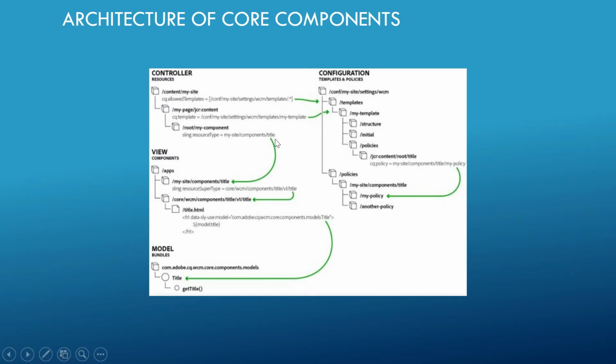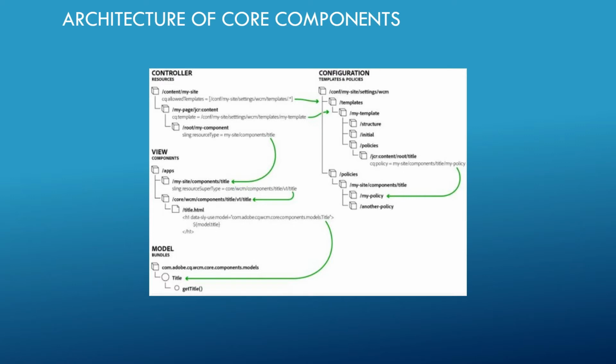Now, in turn, if you see the view, this title component is referred to by our custom component, apps/my-site/components/title. This component's resource super type is v1 title. I already told you that the core components are versioned, so here we are using v1 title, which comes from the core WCM components.